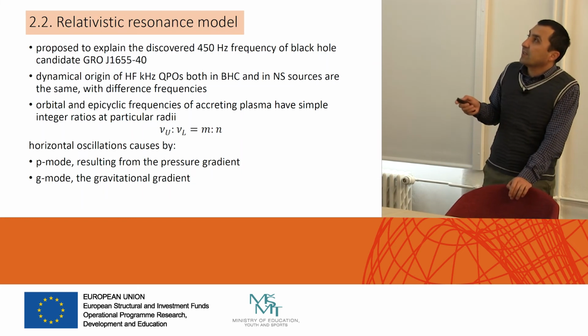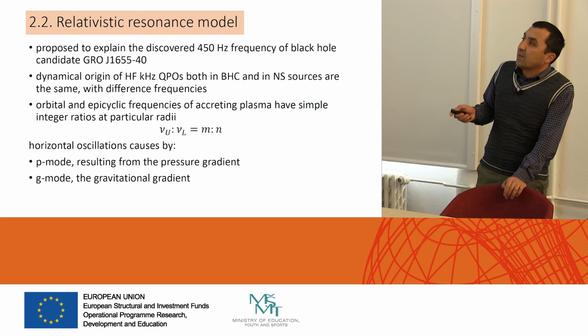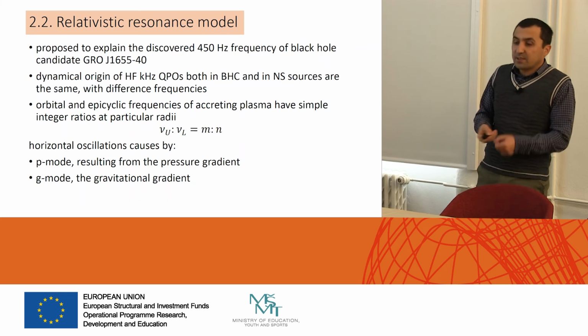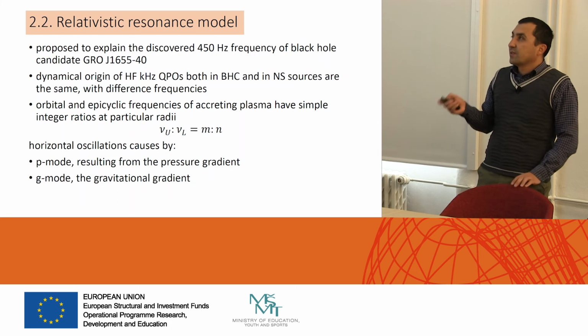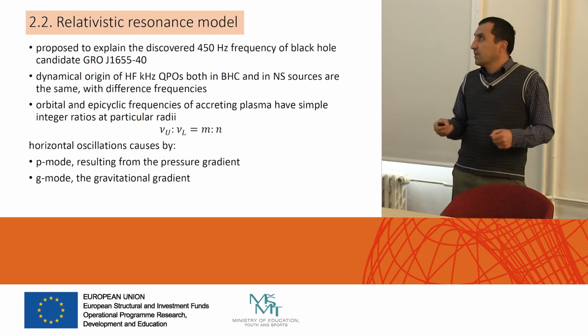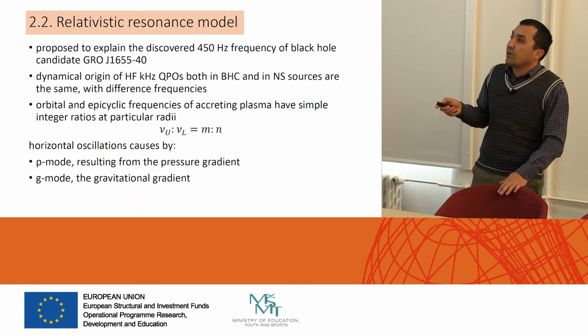The relativistic resonance model also has a similar mathematical correlation between upper and lower frequencies, and the orbital frequency and the epicyclic frequency of accreting plasma have a simple ratio in this form.